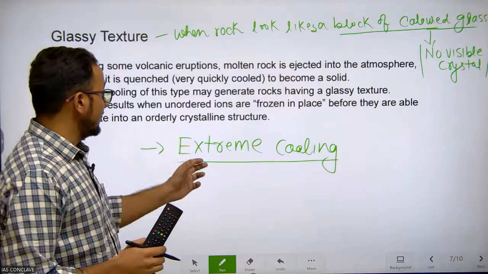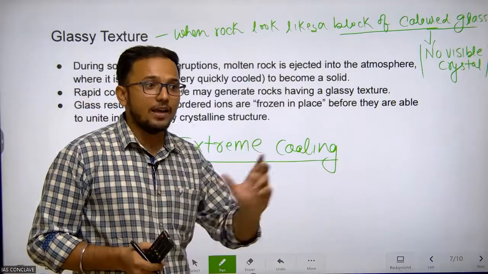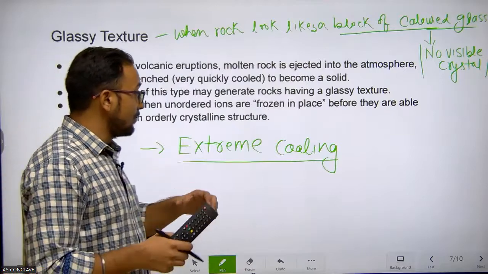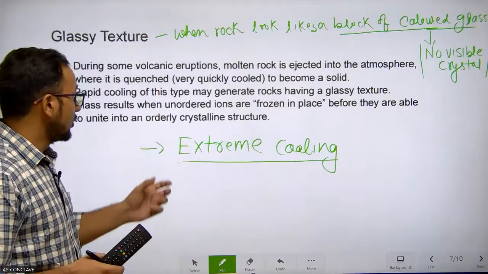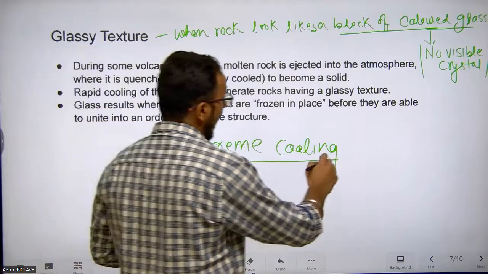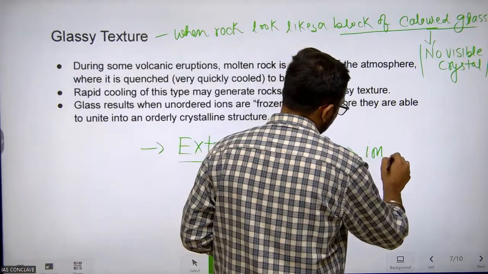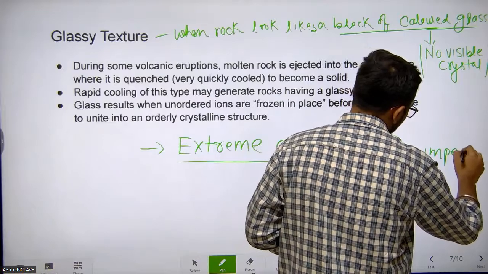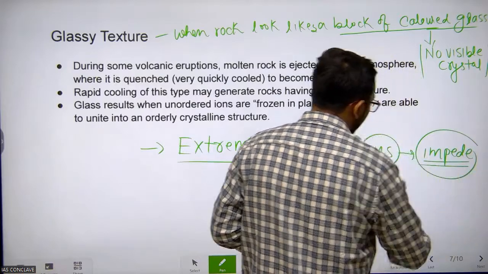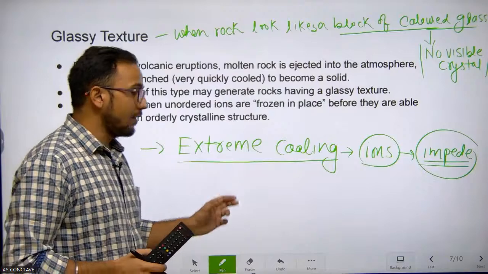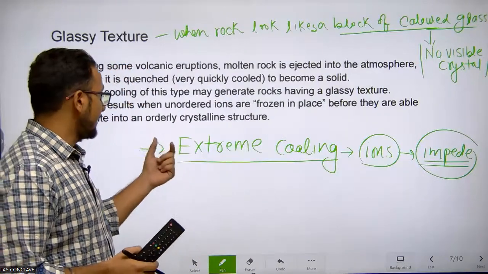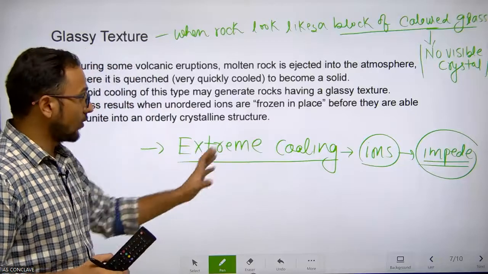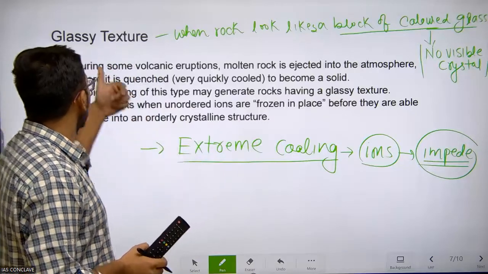Whenever magma erupts and there is extreme, exceptionally high cooling, the movements of the mobile ions are impeded. So the magma solidifies at an exceptionally high rate, and there is cooling and solidification of these rocks. This type of rock forms glassy textures.